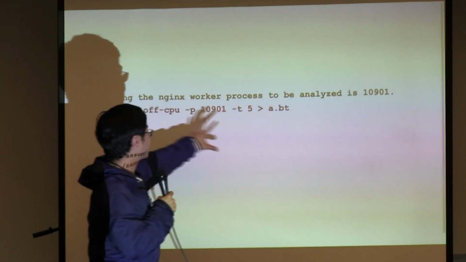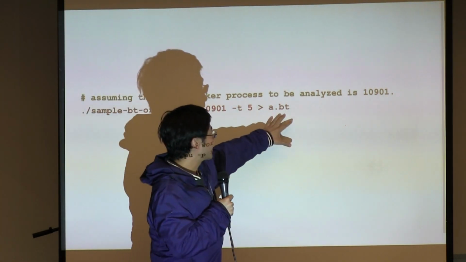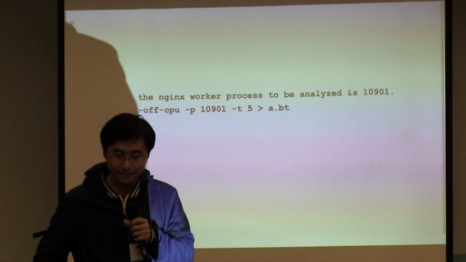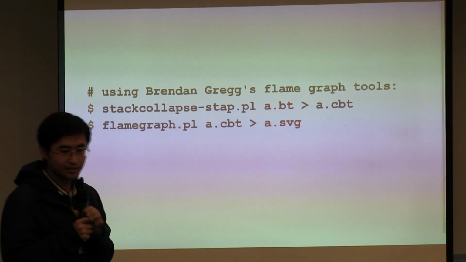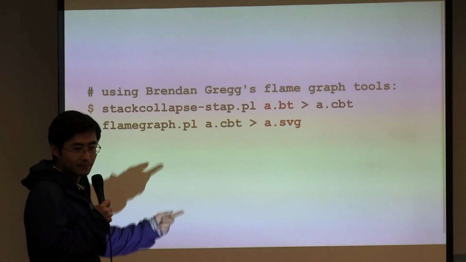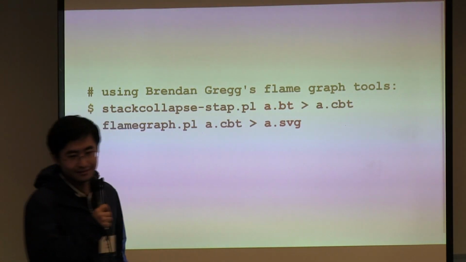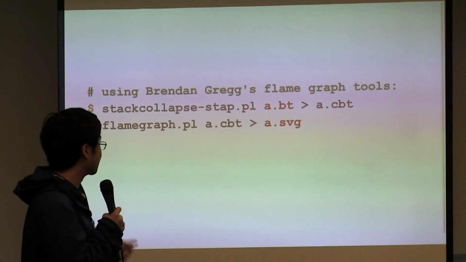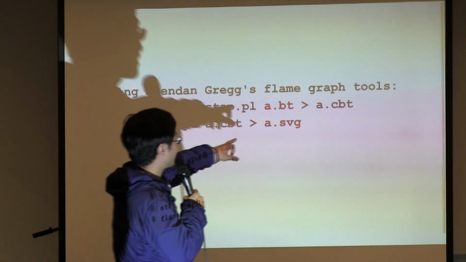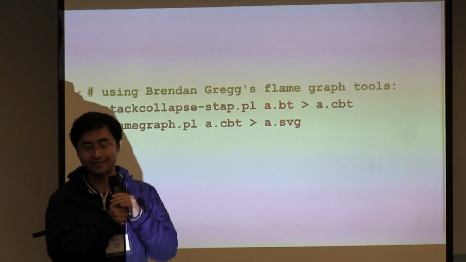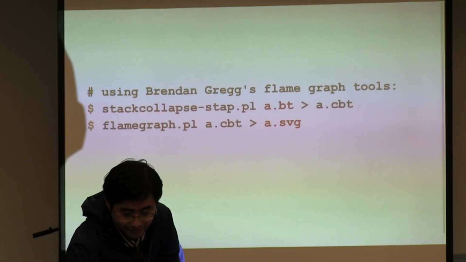And then it samples the process and generates an a.bt file. And then we use the standard flame graph tools written in Perl. It's from Brendan Gregg, the guy who invented flame graphs, and use these tools to generate an SVG file, which you can display in any web browser.